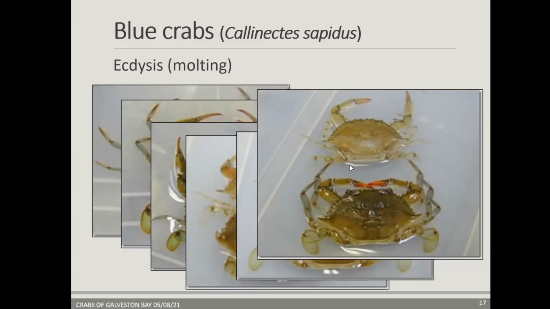What's really cool is, and you can find these in the bay, and this is for Cynthia if her students find these, you can find these recently sloughed carapaces along the bank. And if you pick them up, it looks like a dead crab, but if you can open it up and it's empty inside, then you know it is a carapace that has just been sloughed.